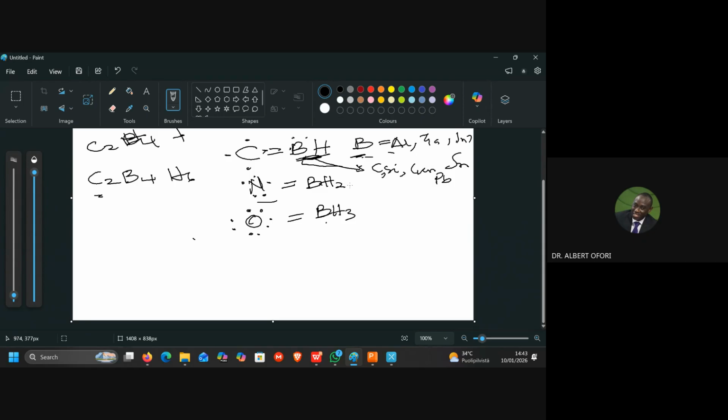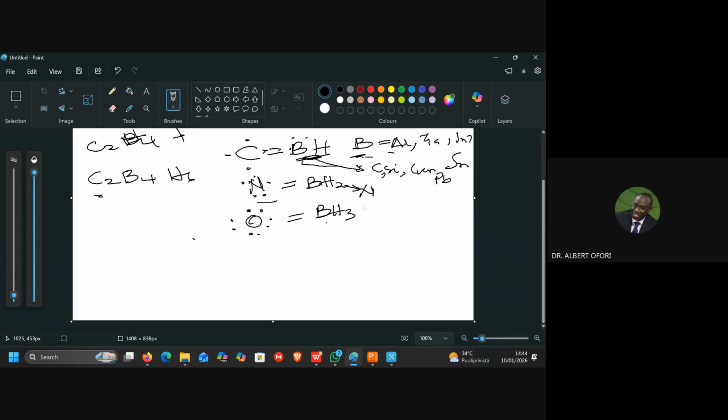Now, if I take the nitrogen group, in terms of carbon, the combination is by the number of valence electrons, not the charges.